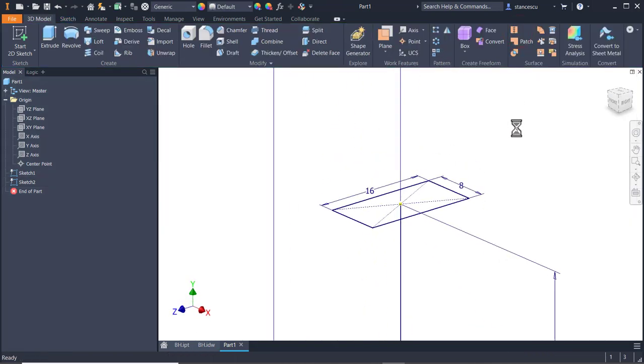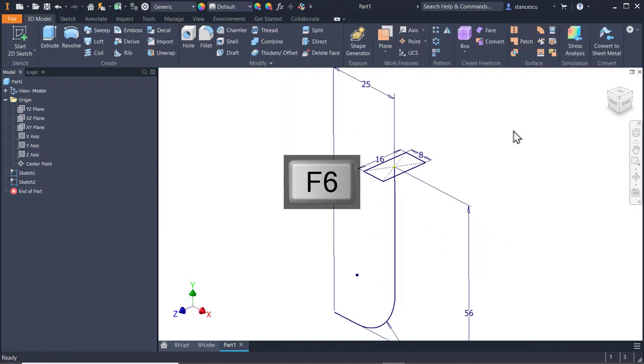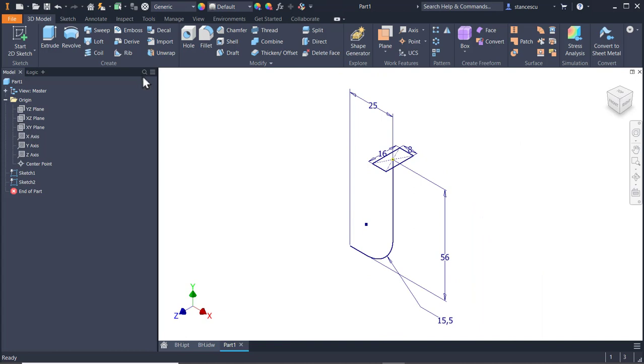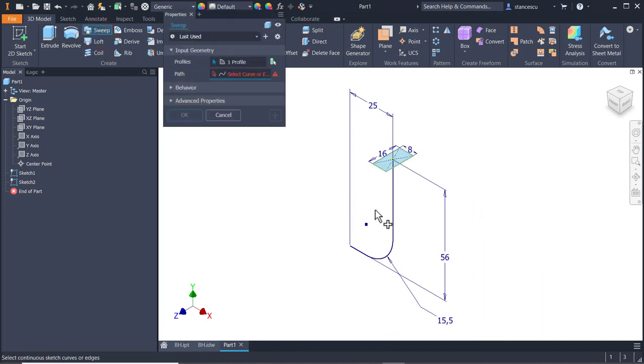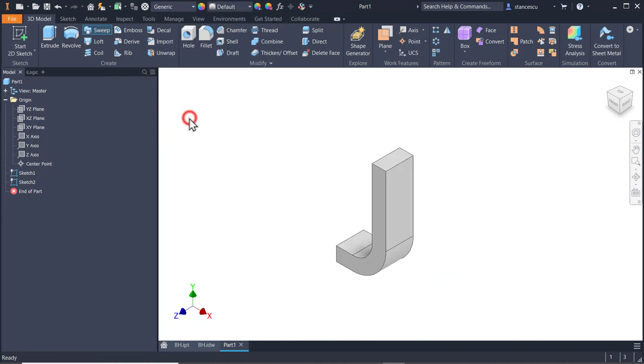Finish sketch, F6, and sweep. The profile is selected, and this is the first volume.